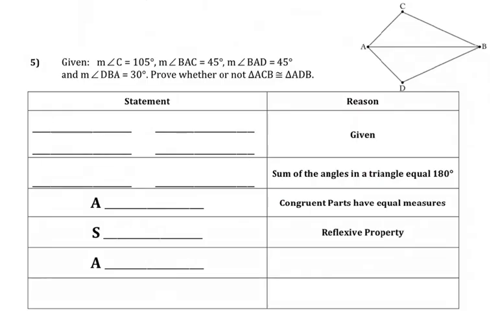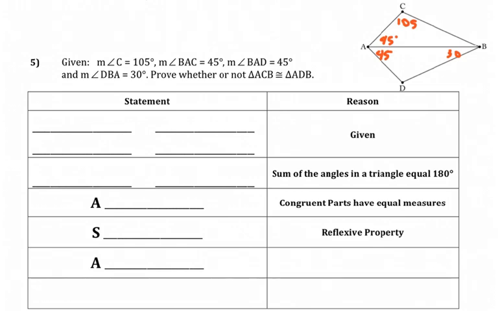Okay, for the next problem, it says given the measure of angle C is 105. So the first thing I'm going to do is go in here and mark everything. So this is 105. The measure of BAC, so that's going to be this angle right here, is 45 degrees. The measure of angle BAD is 45 degrees. And the measure of DBA, so starting at D going to B and then A, is 30 degrees.